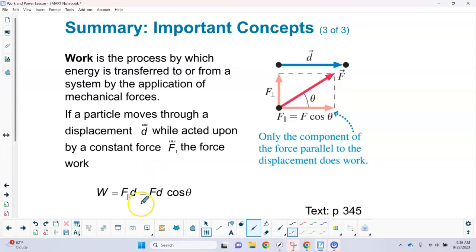It's that parallel part of the force. So if this is the angled overall force, we just care about this parallel part. That's the only part that does work. The perpendicular part does no work. And you can do positive work if it agrees, and if it goes the opposite way, it disagrees, and then that's negative work.